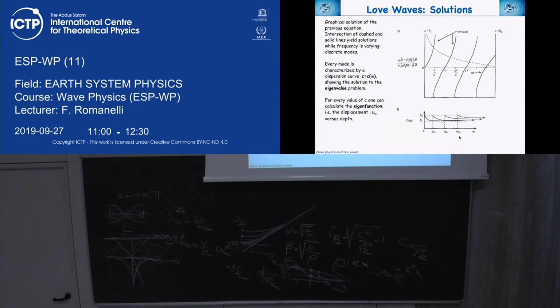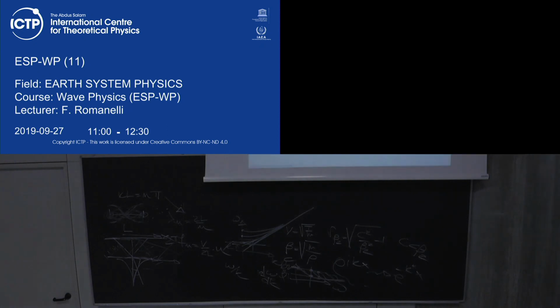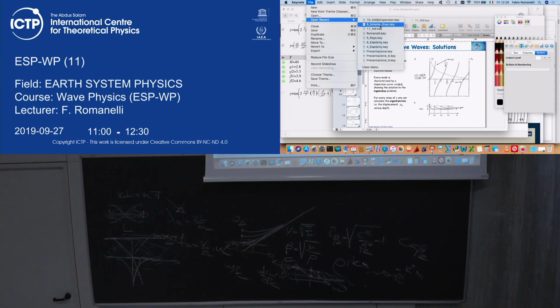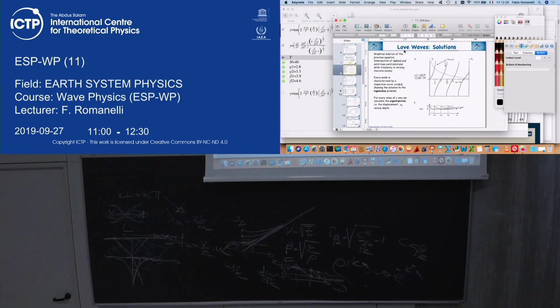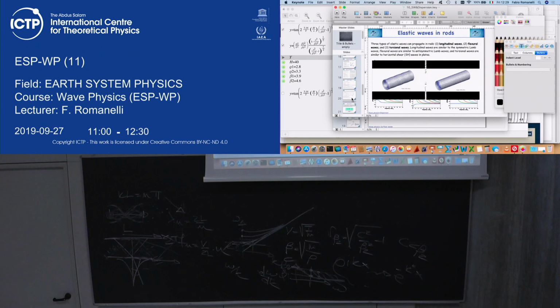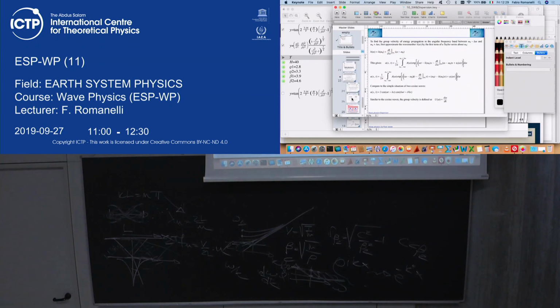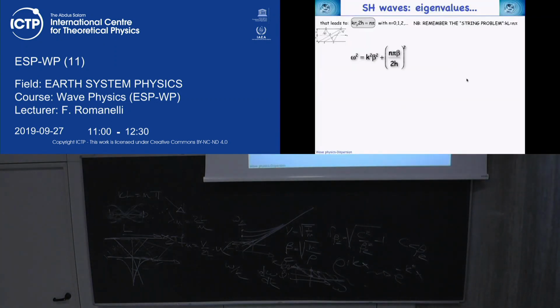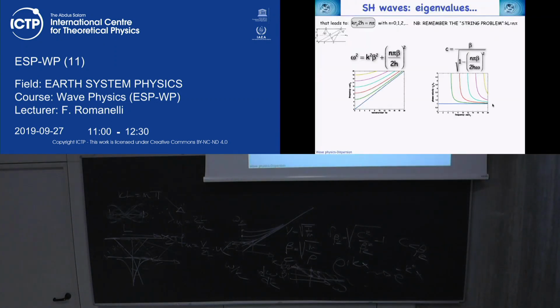How can you compare this plot here with this one? It's phase velocity, c, versus frequency in both cases. What's happening there?